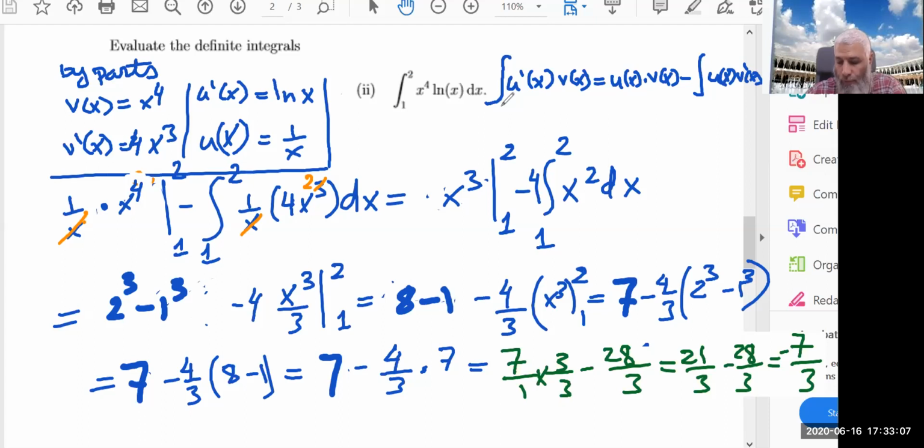And the integration is from 1 to 2 of x power 4 ln x dx.